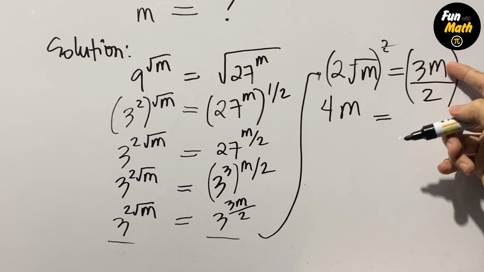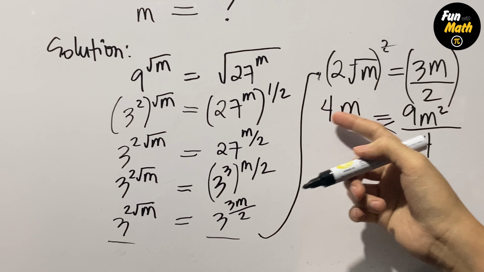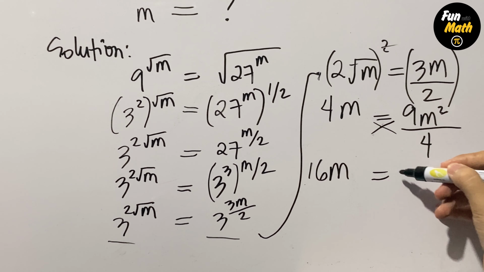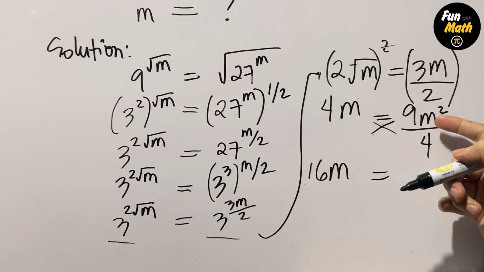And then next is, we can cross multiply. So 4m times 4, that is 16m, equals 9m squared times 1, that is 9m squared.